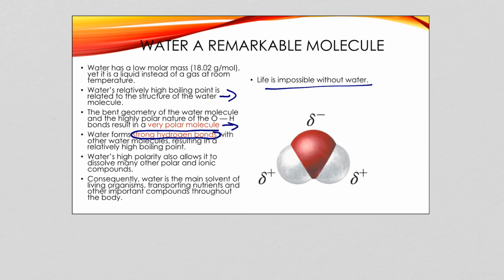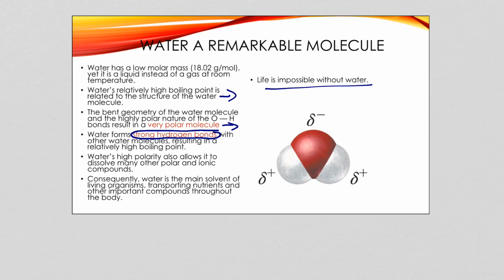So we have this very polar molecule, which means that it has an OH, which means that it can have these very strong hydrogen bonds, which allows it to have a very high boiling point, which means it exists as a liquid instead of a gas, again, allowing life to exist the way that it does.